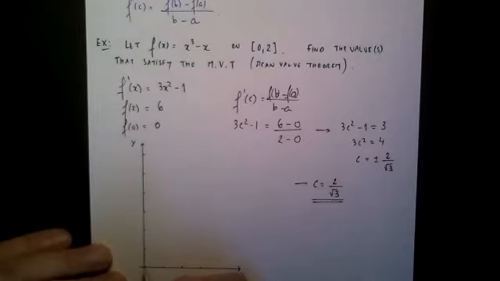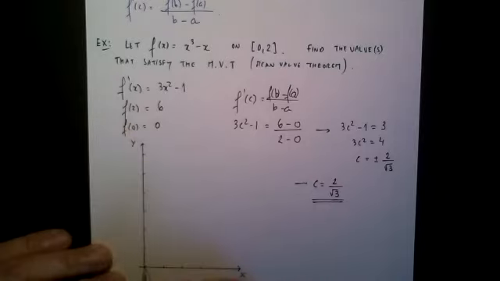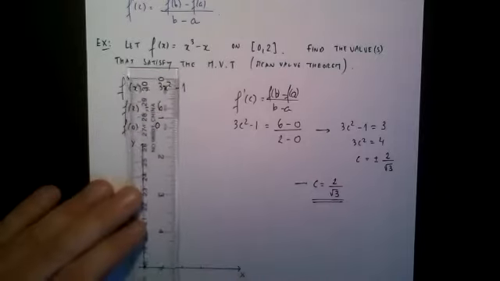Okay, so I don't know what my graph looks like, but I know for sure that at 0, it's worth 0, and at 2, it's worth 6.